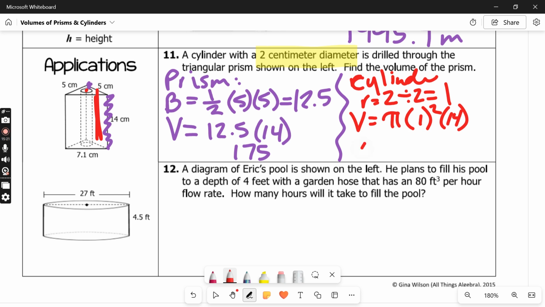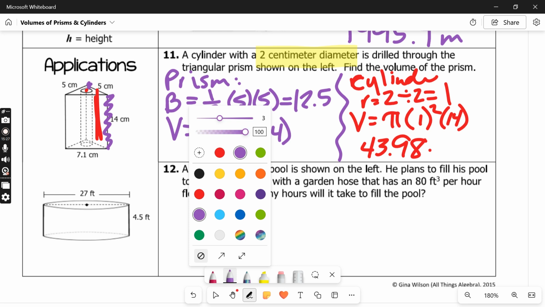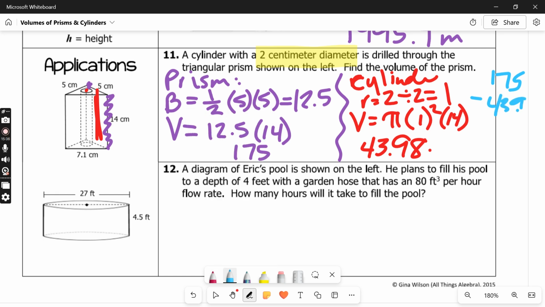Okay, so that would be 43.98. All right, and then the last thing I need to do is to subtract those two. So I'm going to do 175 minus 43.98. When I subtract those, I get 131.02, and it is centimeters cubed.